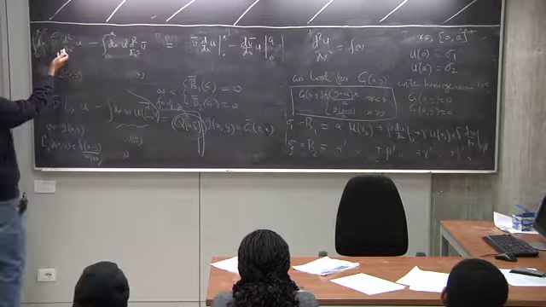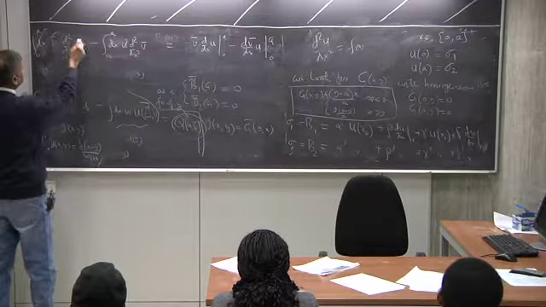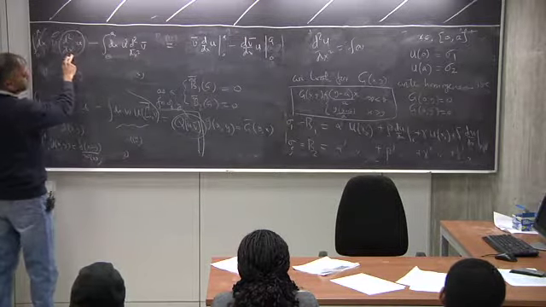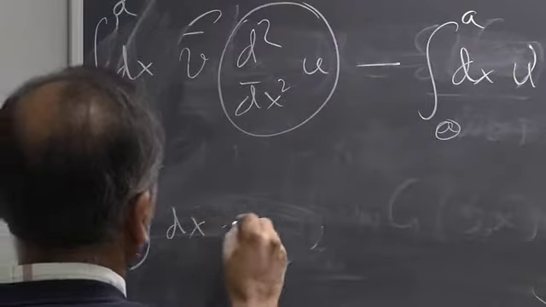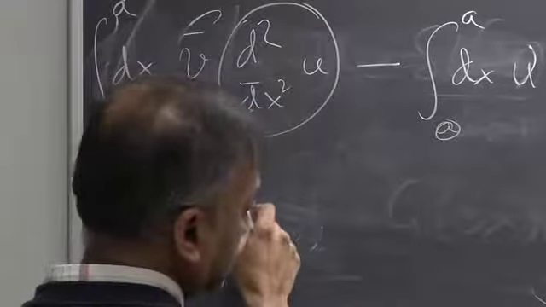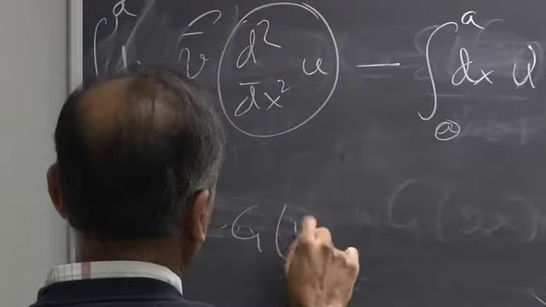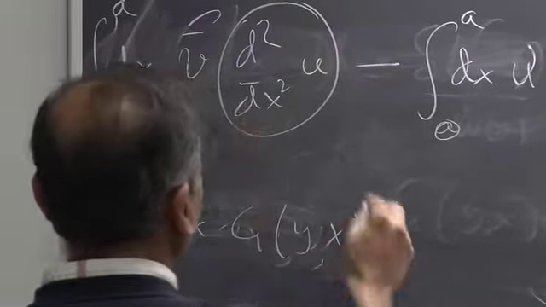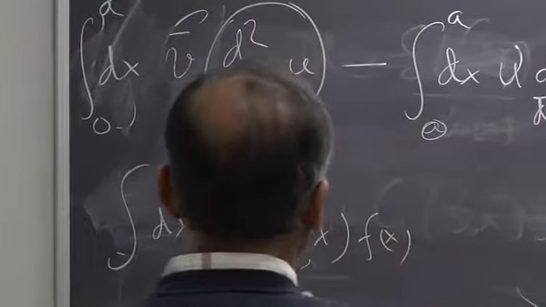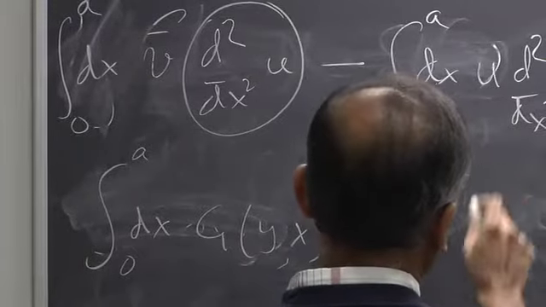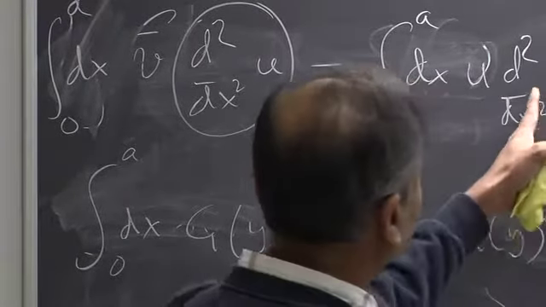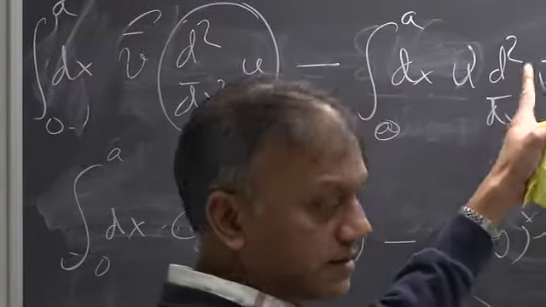But in any case, from here, this d2x, this is f. So the first term just gives you the integral dx g bar x,y, which is the same as g y,x, times f of x, from 0 to a. And this one will give me minus u at y, because this satisfies the Green's function equation, the delta function.